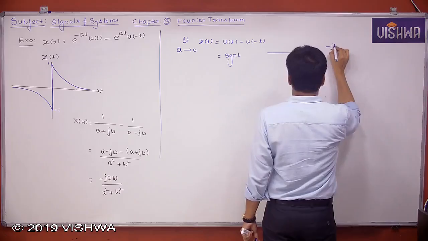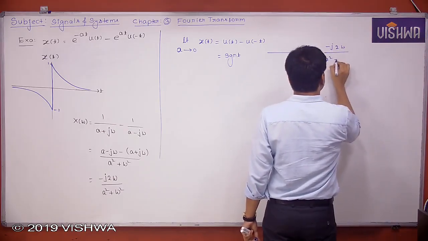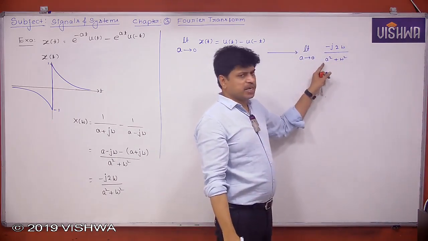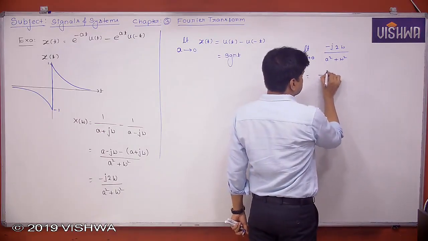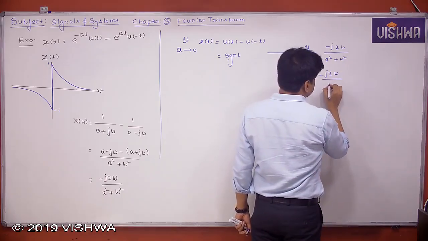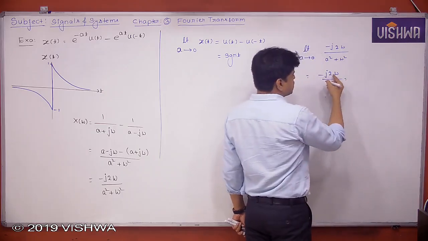minus j 2 omega by a square plus omega square. So in this, if I place a is equal to 0, then finally I am going to get minus j 2 omega by omega square. Omega gets cancelled. Finally minus j 2 by omega.